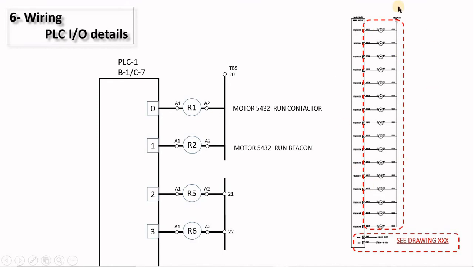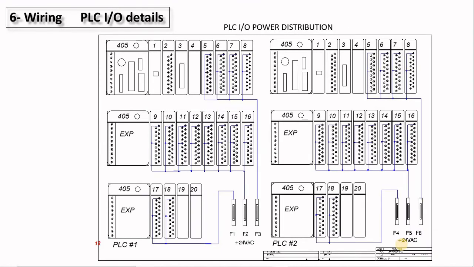Now this is the full I/O card. You got all the outputs here. Now this is your card power supply. You may show this in another, different drawing to see the I/O supply, power supply. Here I show how the power supply is connected.